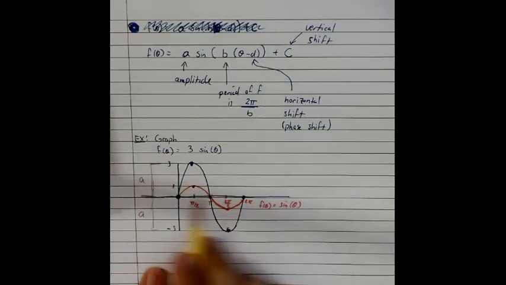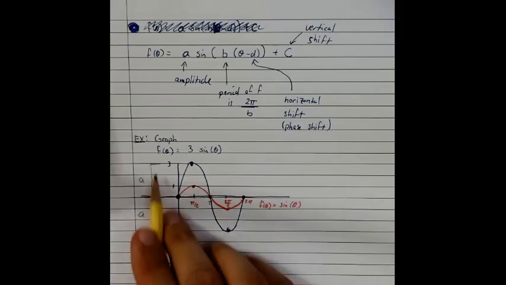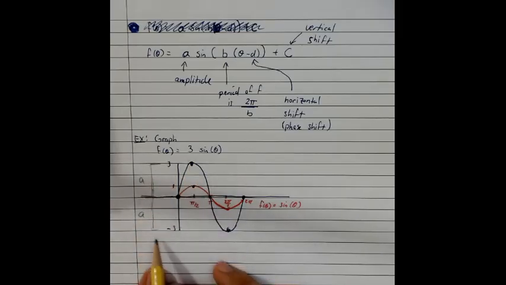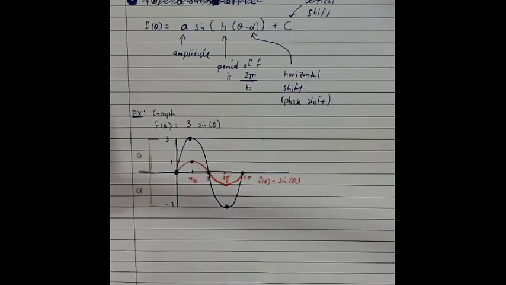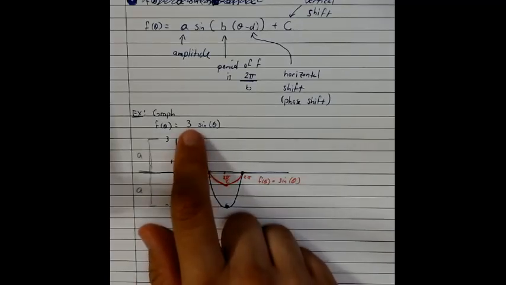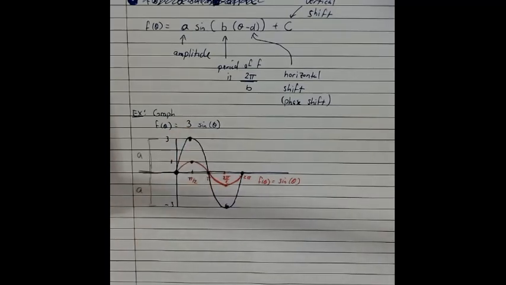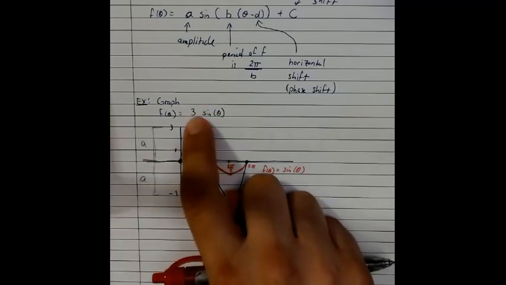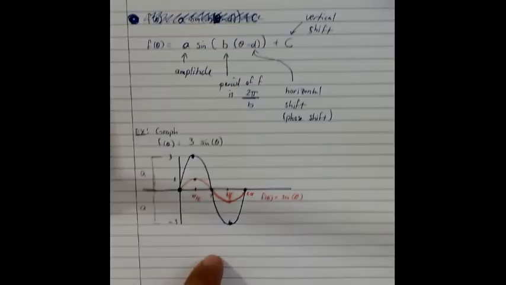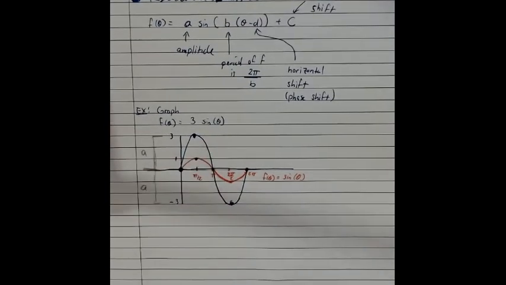So from the baseline, the line that gives you the average between the maximum and the minimum, you go up by a to find your maximum and down by a to find your minimum. Note that just like in college algebra, if this value is negative, not only does it change your amplitude, but it'll also cause a reflection. It'll make everything flip upside down. So recall that having a negative number here, aside from changing the amplitude, will do the same thing it did in college algebra, and it'll flip things upside down.